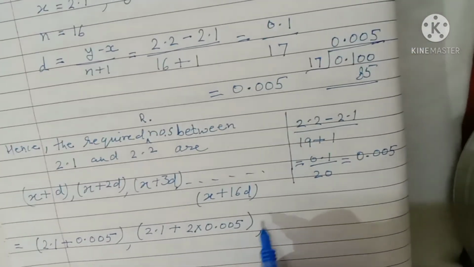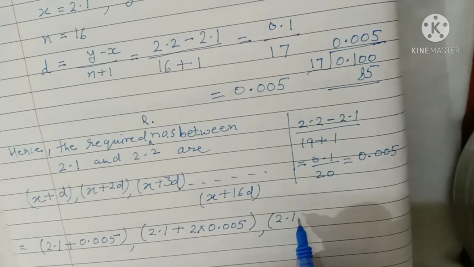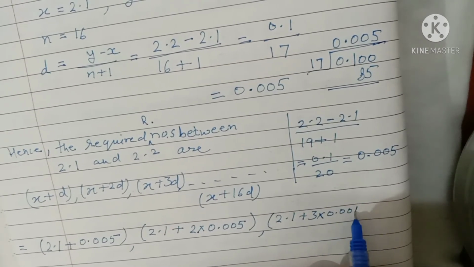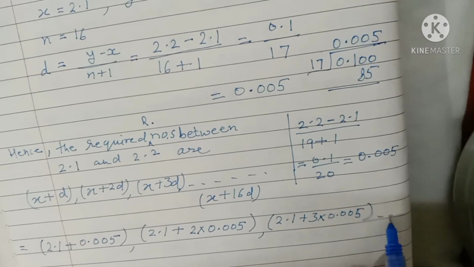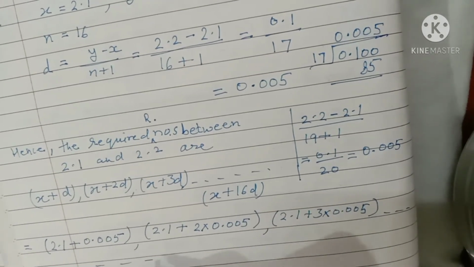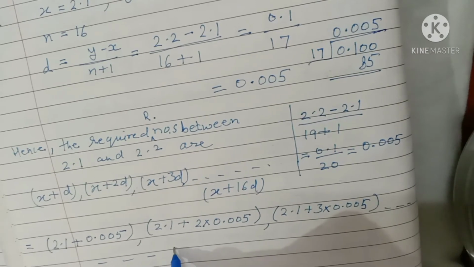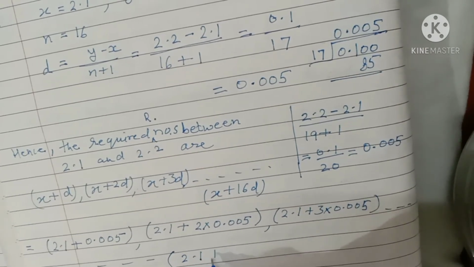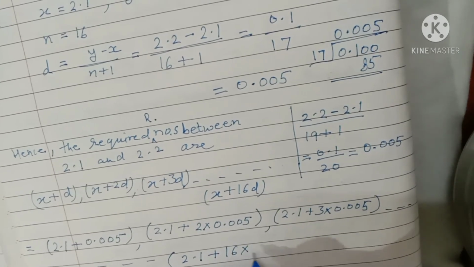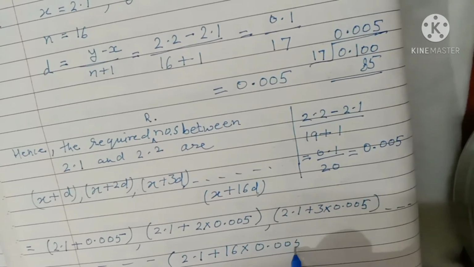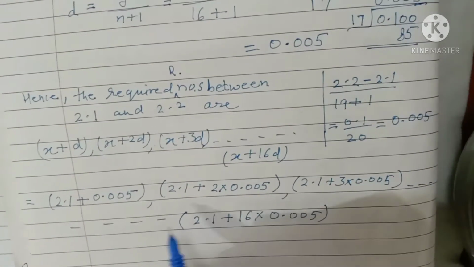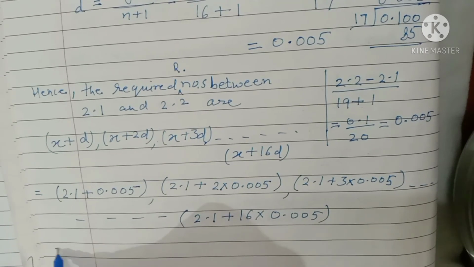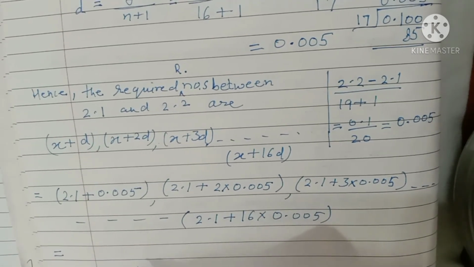The third one will be 2.1 plus 3 into 0.005, and so on, and the last one will be 2.1 plus 16 into 0.005. Now solve it by yourself; I am finding the values too.